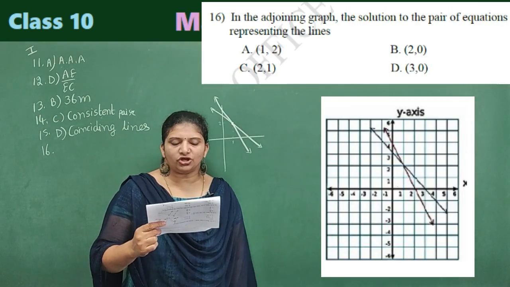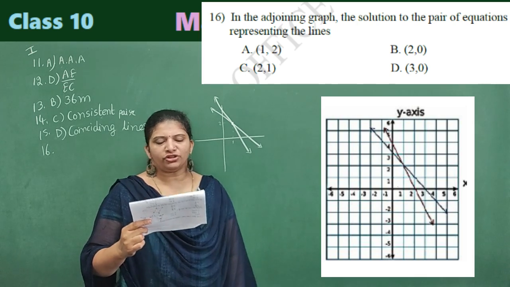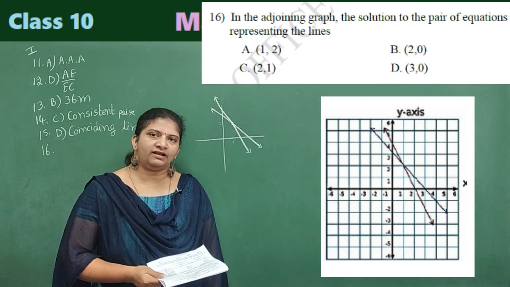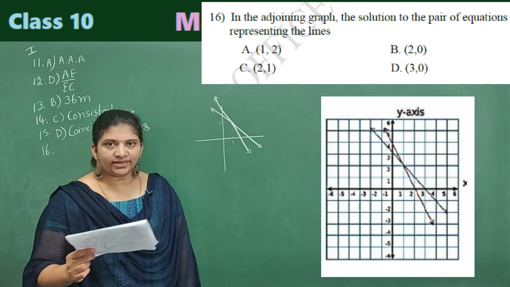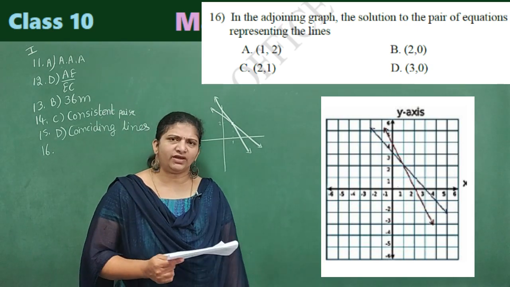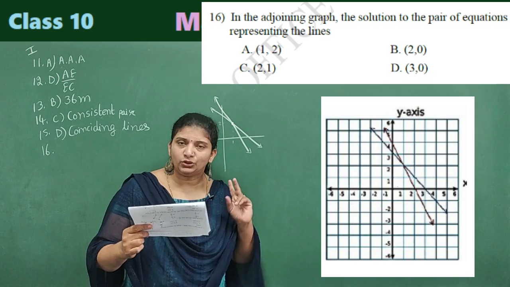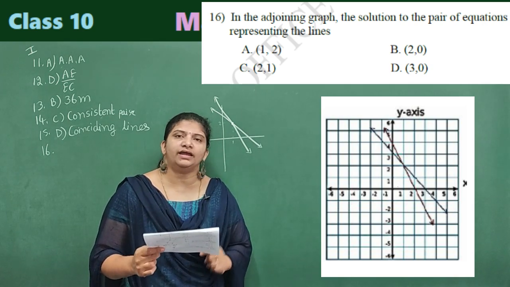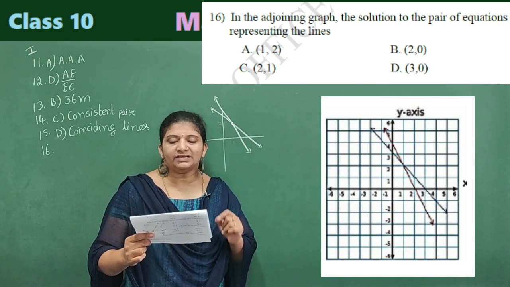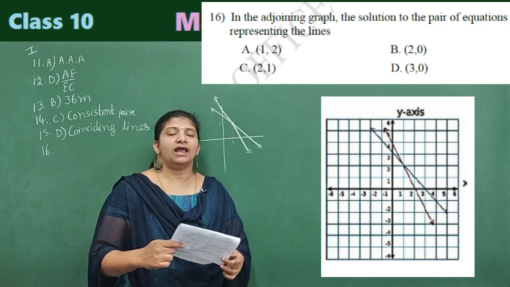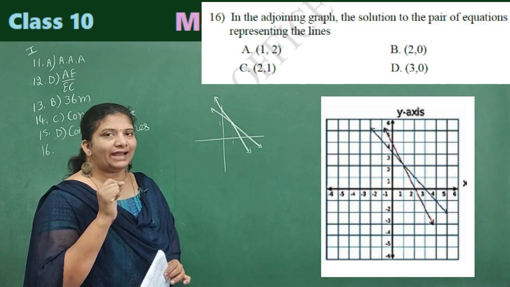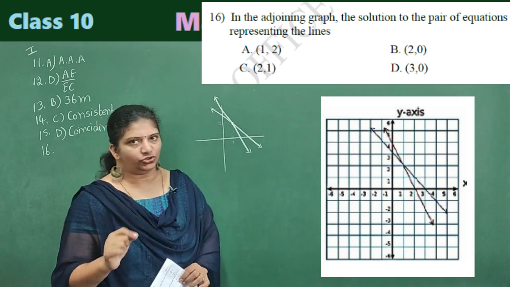16th one, in the adjoining graph, the solution to the pair of equations representing the lines. You can see the graph over there, right? Observe the graph carefully. There are two lines and the two lines are intersecting. What is their solution? The point where they intersect, that coordinate is nothing but the solution.